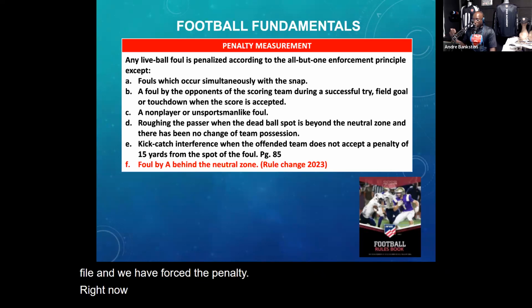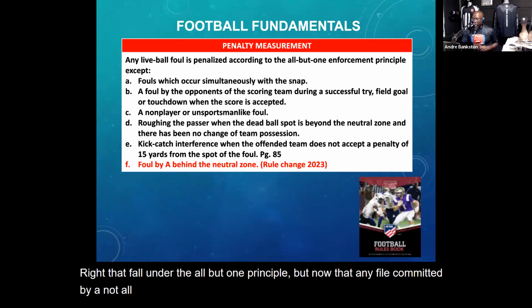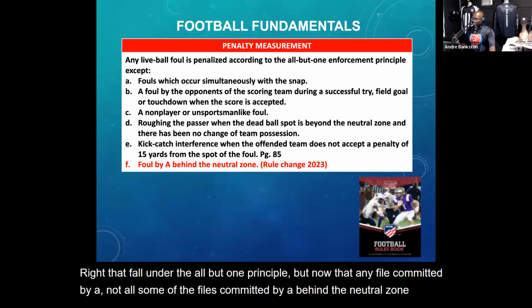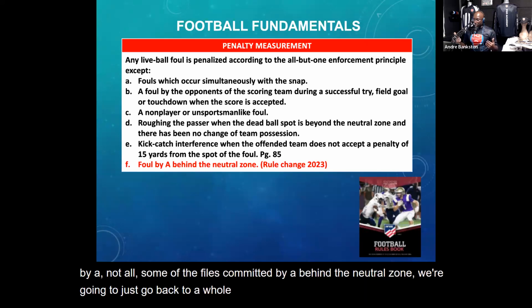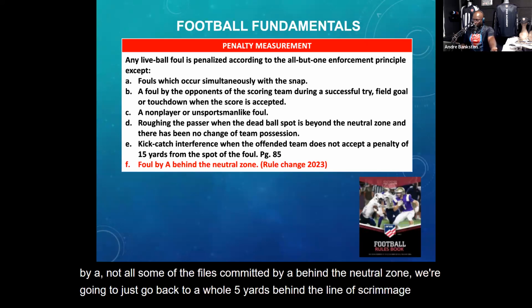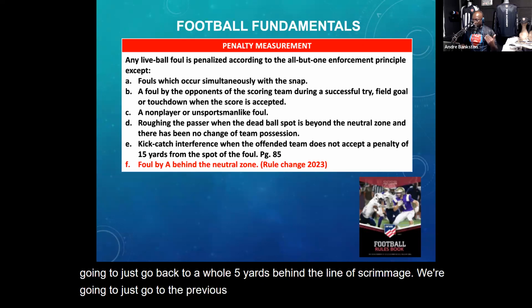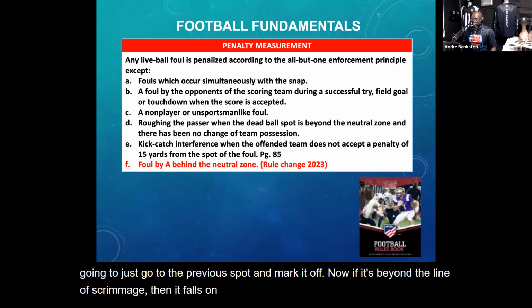That fell under the all but one principle. But now, for any foul committed by A, not all, some of the fouls committed by A behind the neutral zone, we're going to just go back to a hold 5 yards behind the line of scrimmage. We're going to just go to the previous spot and mark it off. Now, if it's beyond the line of scrimmage, then it falls under the all but one principle. Okay.